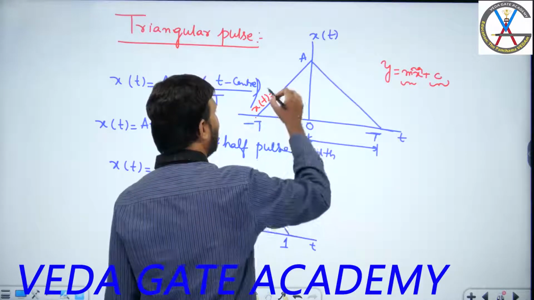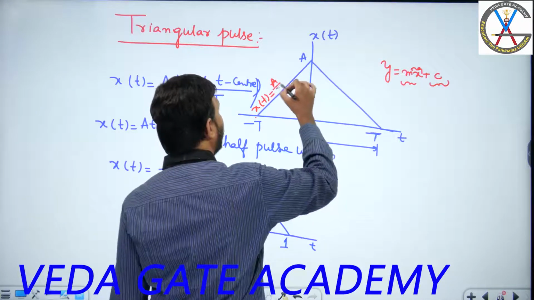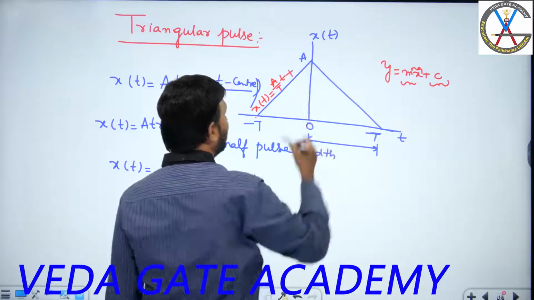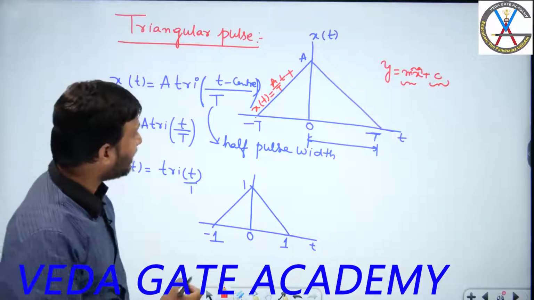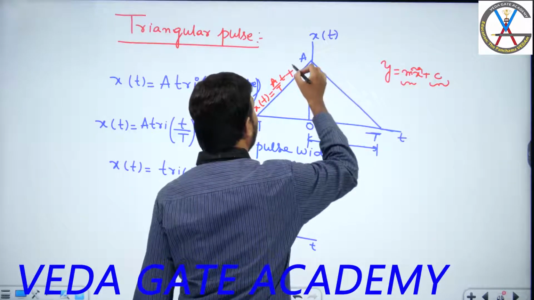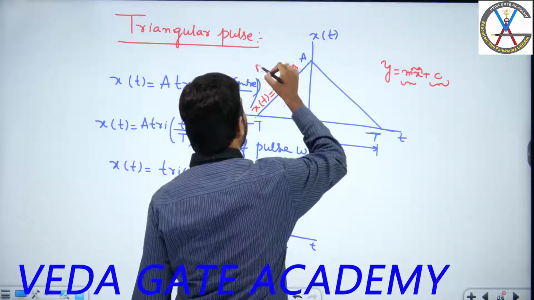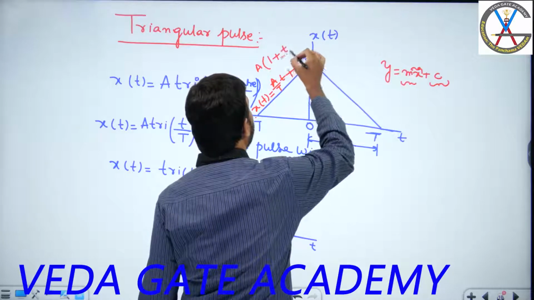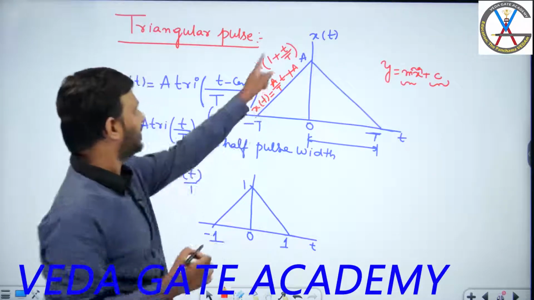M means slope. Slope is A by T, multiplied with the independent variable, plus the intercept along the vertical axis. Now this line is touching the y axis at A, no? So this is A into 1 plus t by T. So this is the equation of this line.